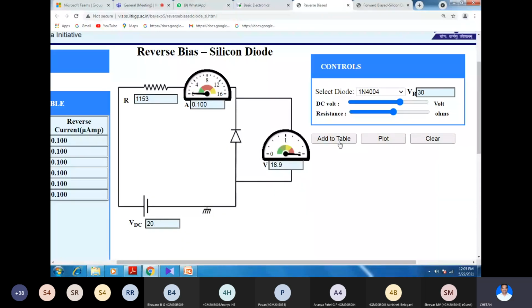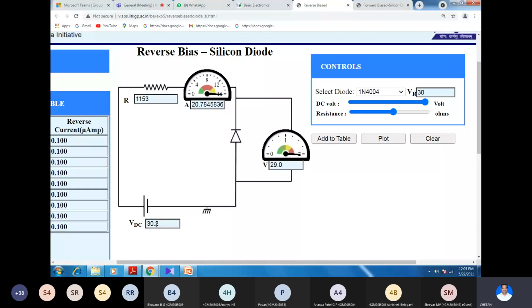Now the voltage is around 20. Still the current is 0.1 microampere, right? Only the voltage drop across this diode is increasing. See, now it is around 23. Now you can see the voltage is 30, right? You can see a rapid increase in current.